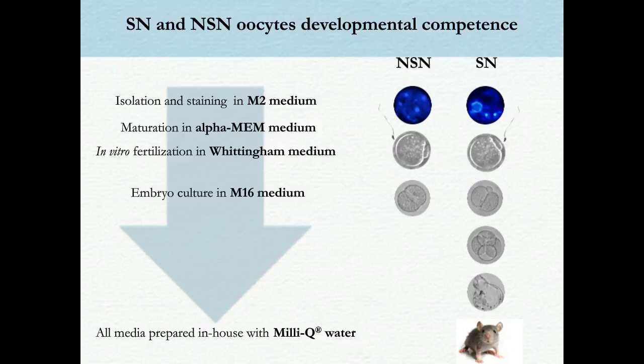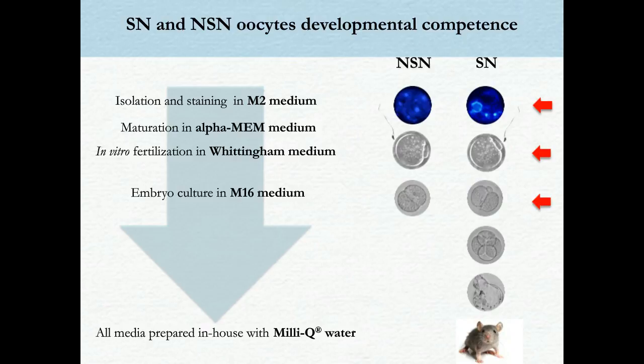On the left-hand side is a summary of the main steps of this procedure. Oocytes are isolated and stained with Hoechst in M2 medium, matured in alpha MEM, inseminated in Whittingham medium, and embryos are cultured in M16.